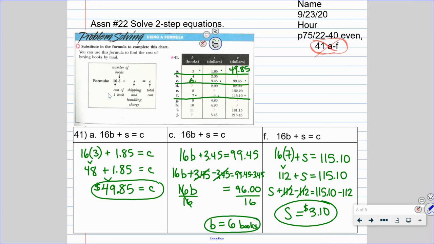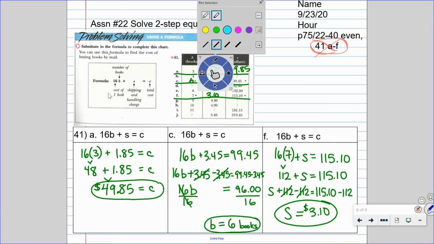But look at how all these problems are similar, how all these problems are different. They all have some computation to do. In part A, we could simplify first. And then actually we just simplify from there.